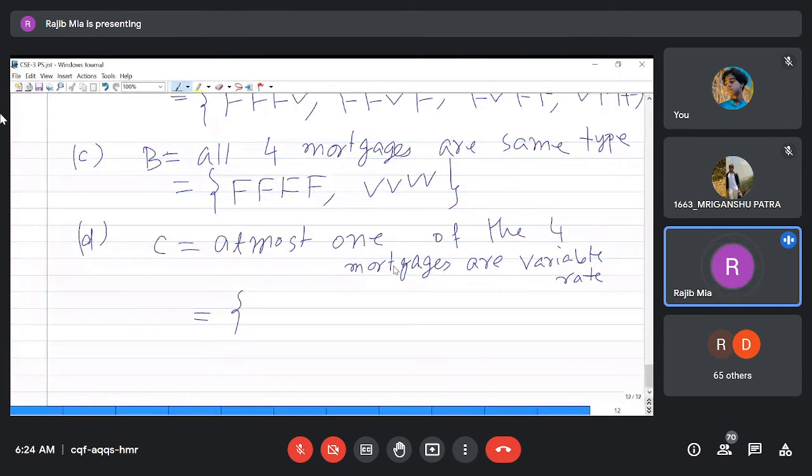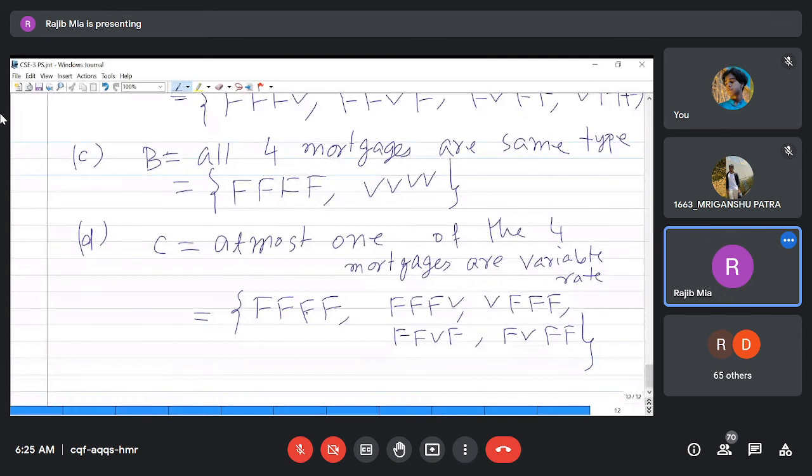So no variable rate means the outcome FFFF, and one variable rate means FFFV, FFVF, FVFF and VFFF. So at most one means either exactly one or no variable rate.